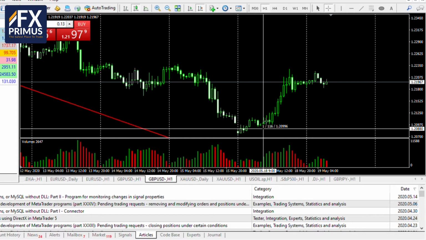So this move up from as early as 2 p.m. Singapore time to a high of 1.2225 was a move of about 138 pips up.